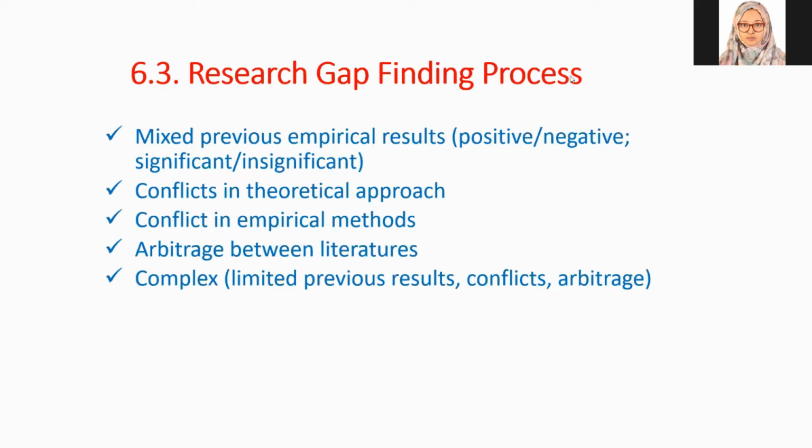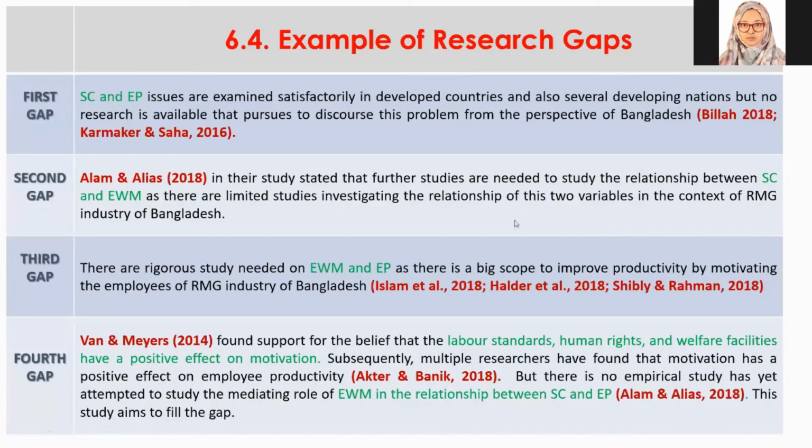So research gaps, these are the ways we find the gaps. So how to write the gaps? You please read it. See, SC means social compliance and EP means employee productivity. Social compliance and employee productivity issues are examined satisfactorily in developed countries and also several developing nations, but no research is available that pursues to discourse this problem from the perspective of Bangladesh.